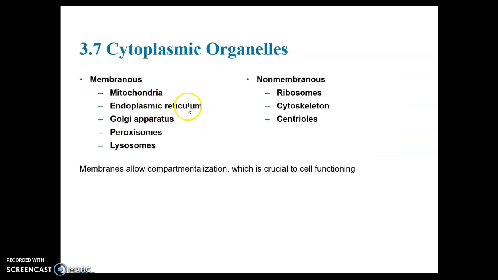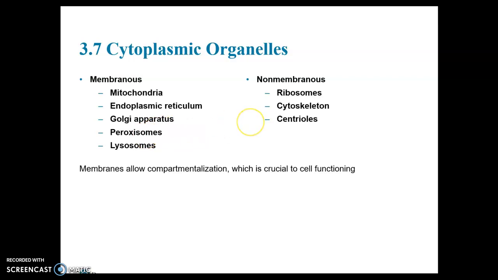The ones that have a membrane around them, and that membrane would be like the membranes of the transport vesicles that we saw that carried out endocytosis and exocytosis. That membrane is made up of a phospholipid bilayer, just like the plasma membrane. So ones that have membranes around them are the mitochondria, which actually has a double membrane, endoplasmic reticulum, which can be rough or smooth.